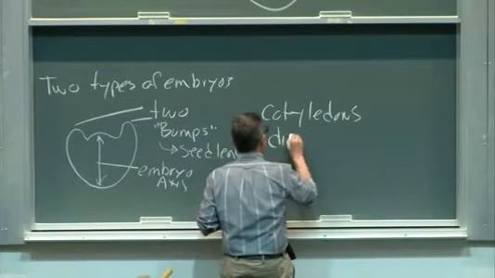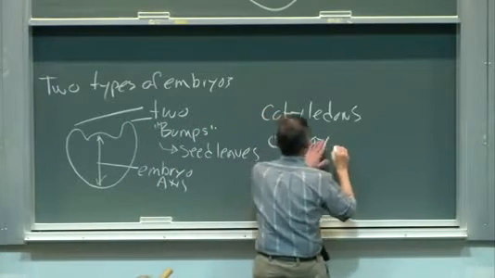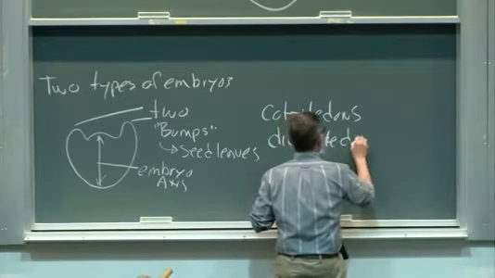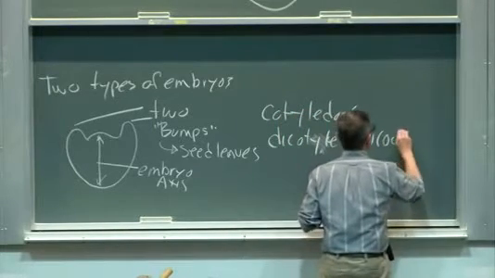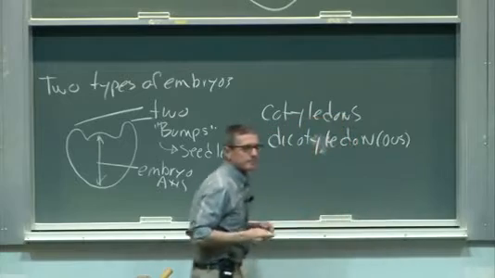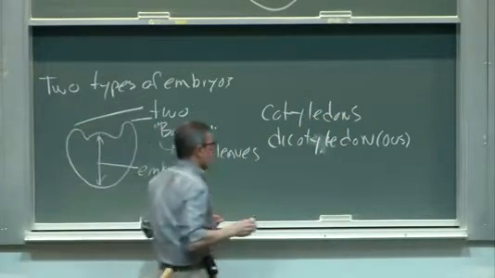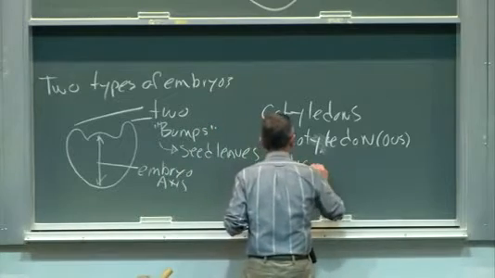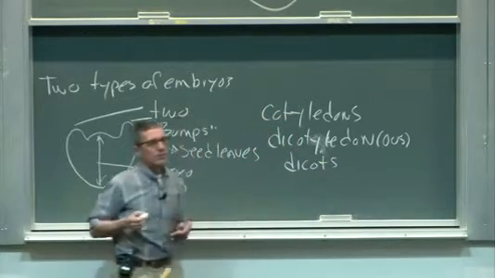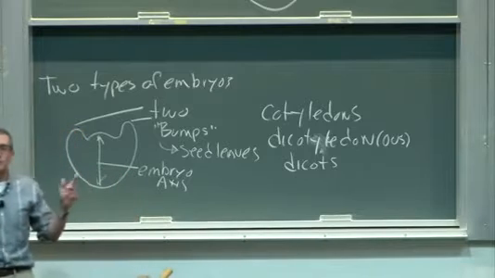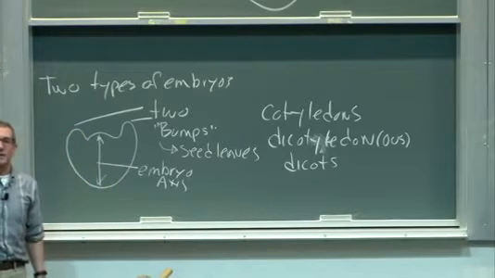plant which is a dicotyledon, or a cotyledonous plant. So this is frequently shortened, as I will in lecture, to dicots. That is, embryos from the angiosperms which have these two seed leaves or two bumps present inside the seed.